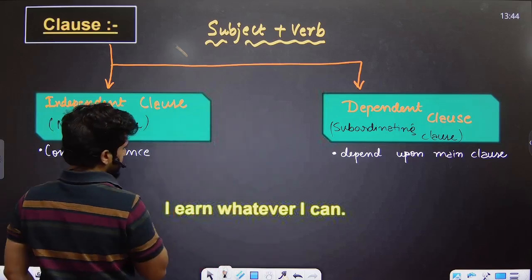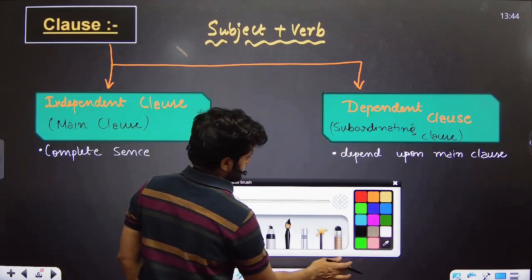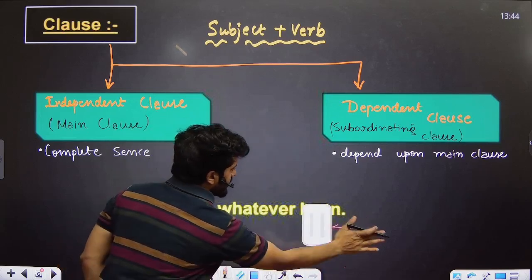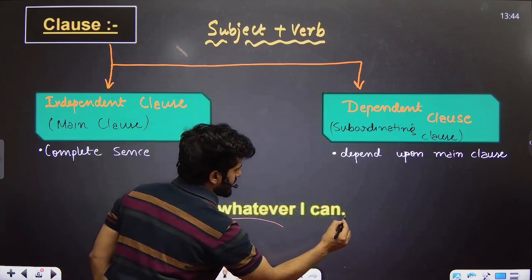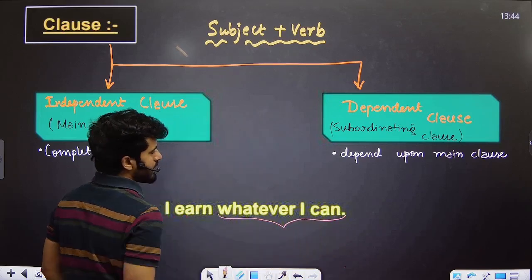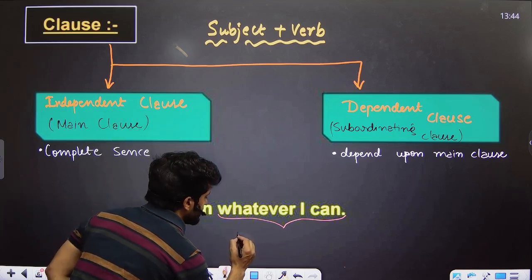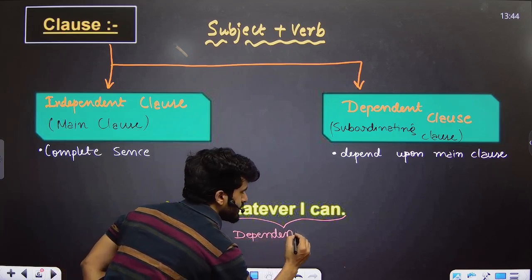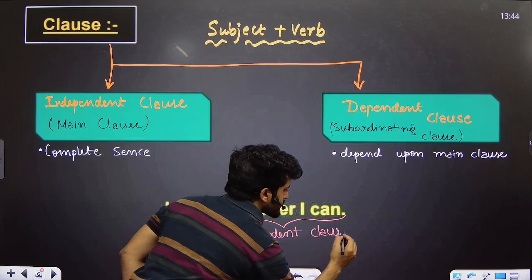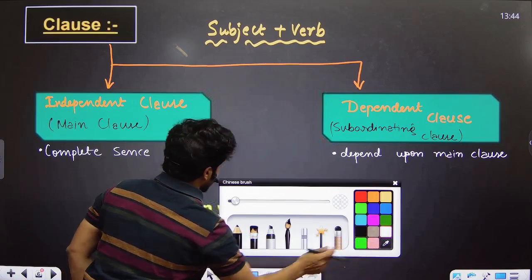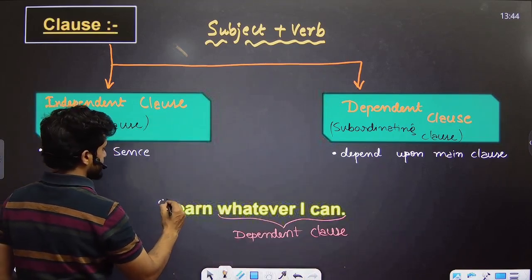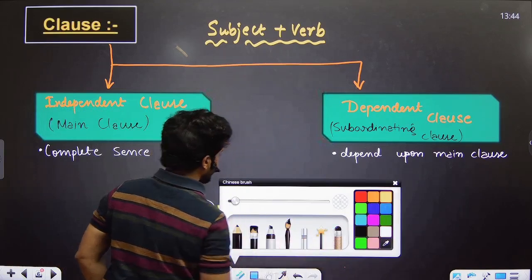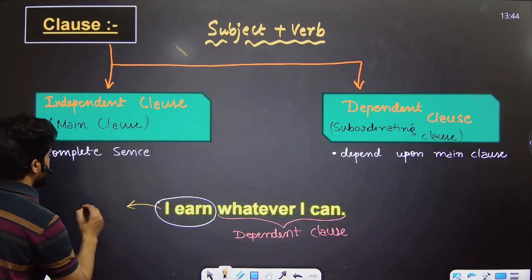For example, if I say whatever I can, are you getting the complete sense? You are not. That means this is a subordinating clause, that is a dependent clause. And if we say I earn, this gives you a complete sense. This will be your main clause.